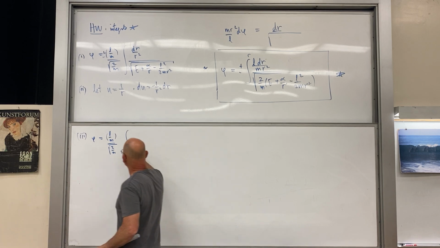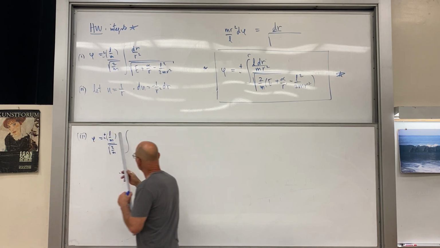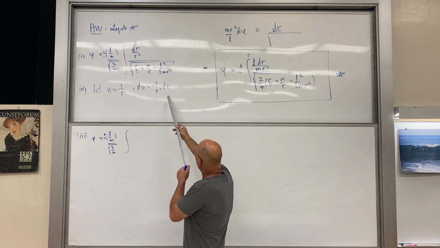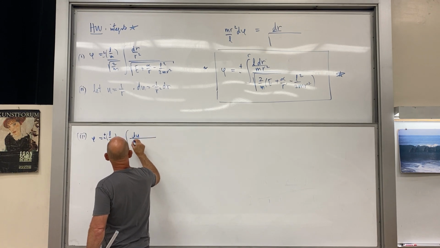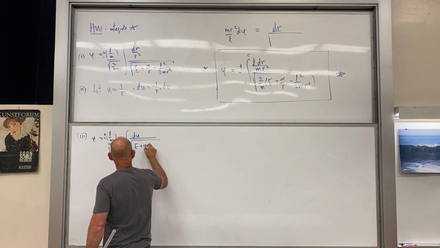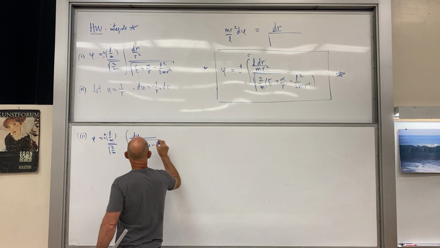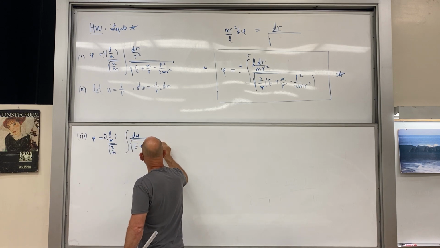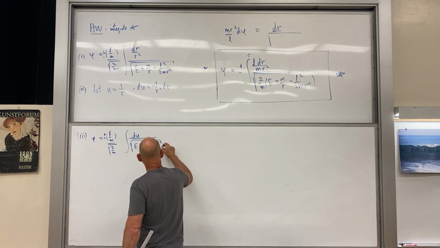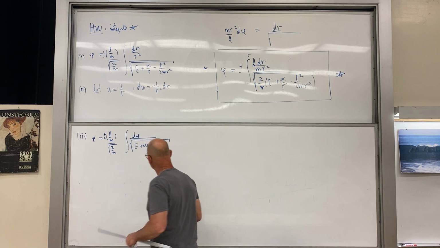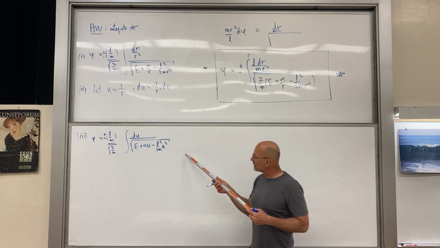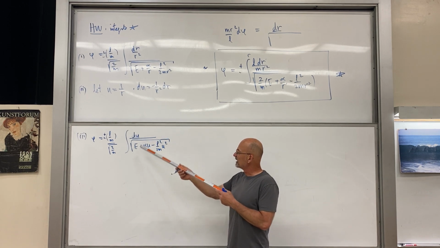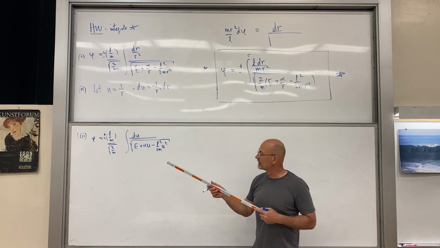And we're still going to have a plus minus, minus plus, doesn't matter. So we're going to have the du there. We're going to have the root of E plus alpha u minus L squared over 2m u squared.